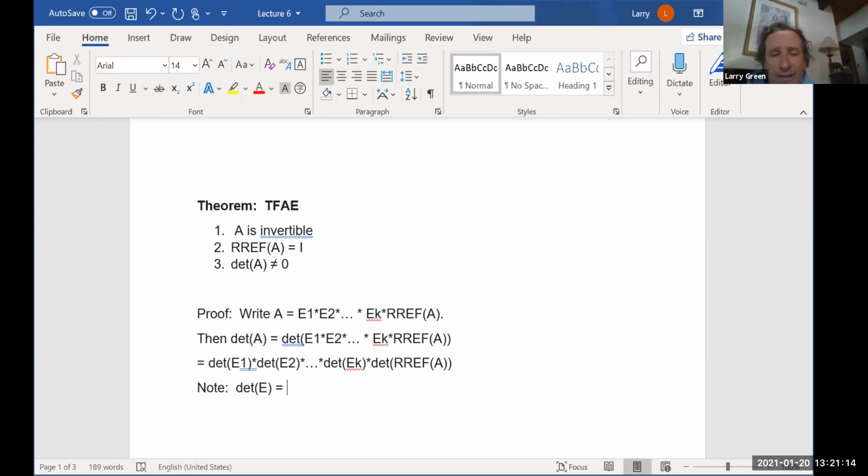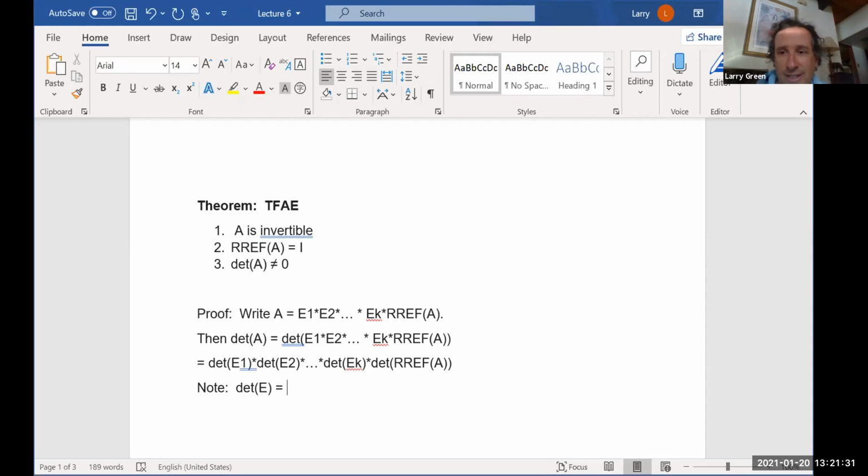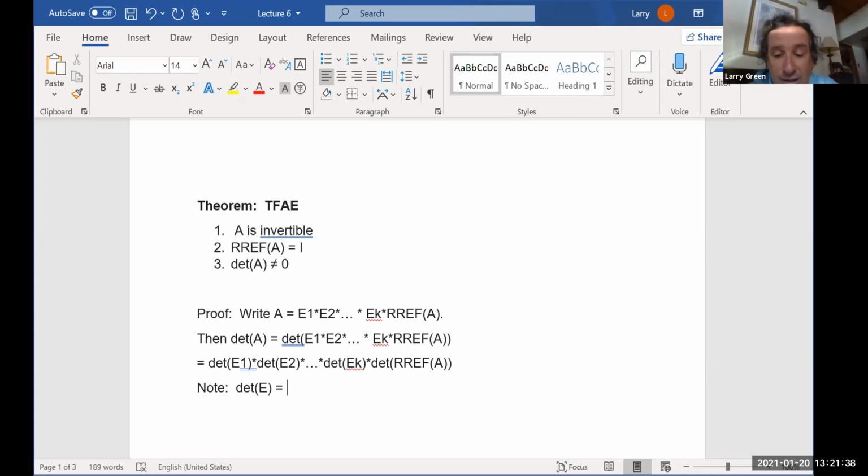What are the three kinds of elementary matrices, or the three kinds of row operations? You swap, switching rows. Now if you switch rows, what's the determinant? It's just one. Not one. Good try though. -1. Do you remember that? So if you switch rows, the determinant is -1. So it's either -1.